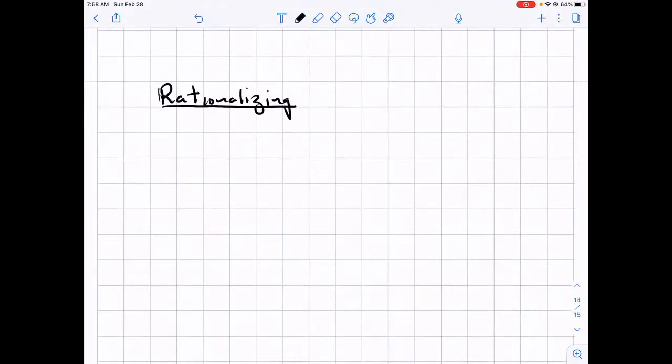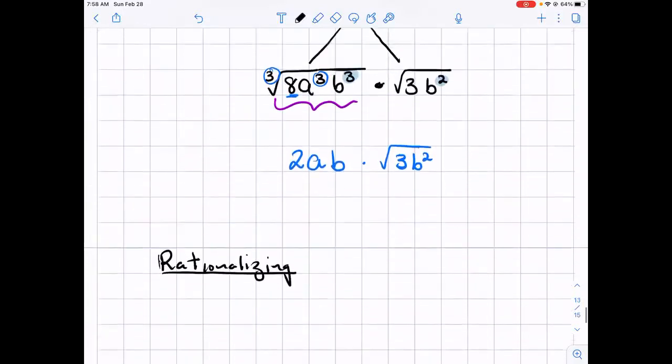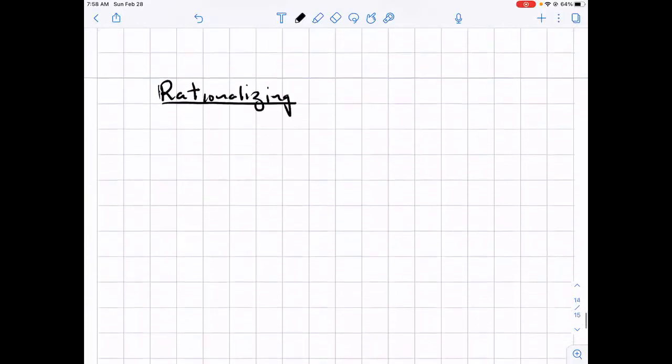And generally when we rationalize, we don't want a denominator with a root, but you can rationalize the numerator. So in that same video where we talk about simplifying radicals, I did talk about rationalizing.